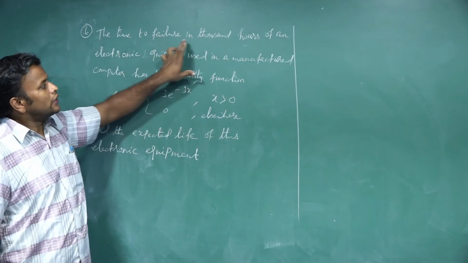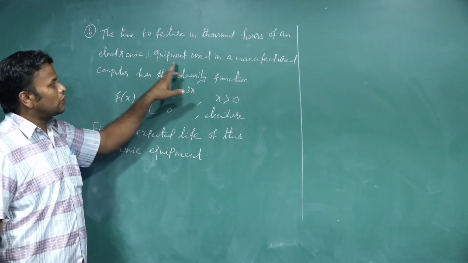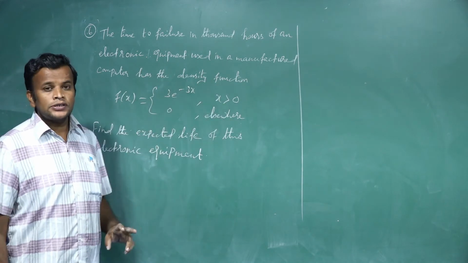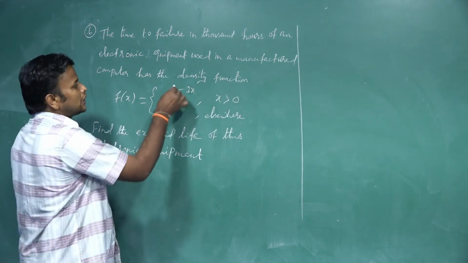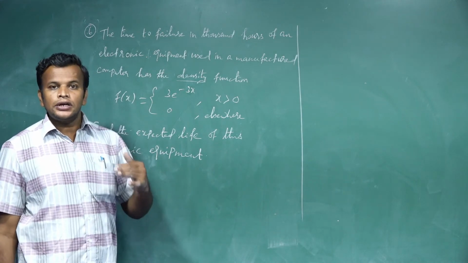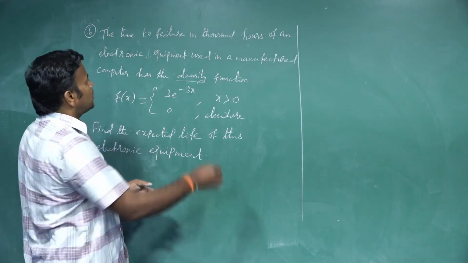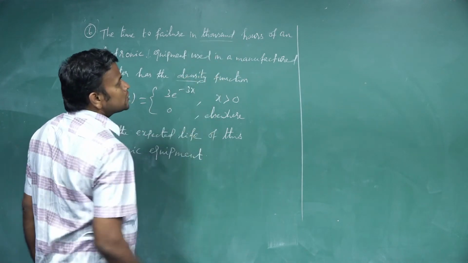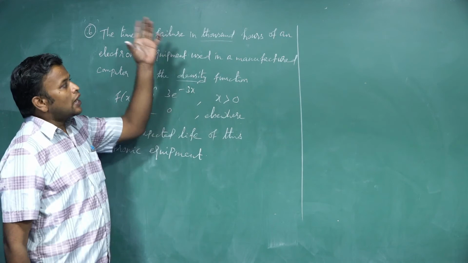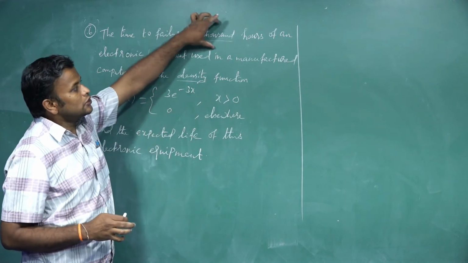The time to failure, in thousands of hours, of an electronic equipment used in a manufactured computer has the density function. Now, important: the given problem follows a density, and a density means it falls under a continuous random variable. So failure in 1,000 hours. That is, one computer is manufactured whose average working time is 1,000 hours.